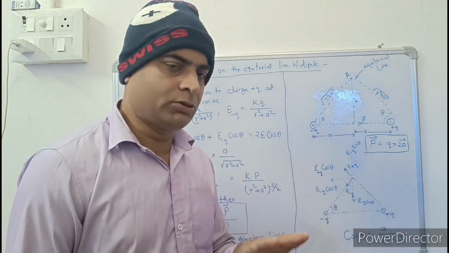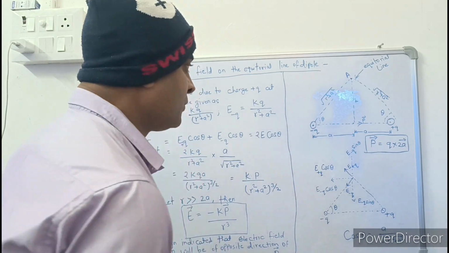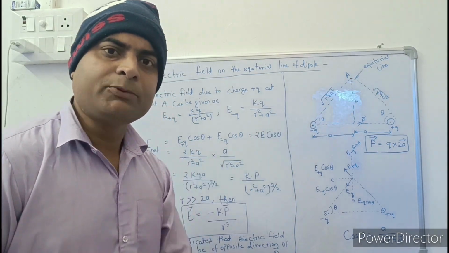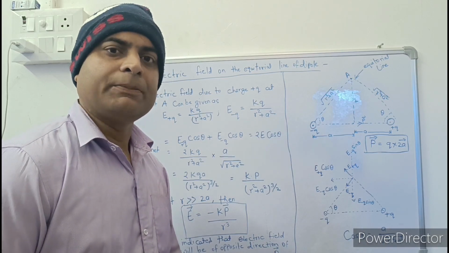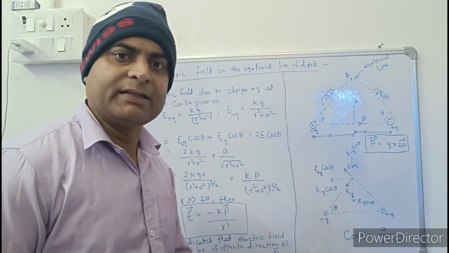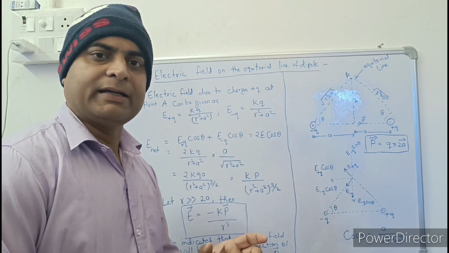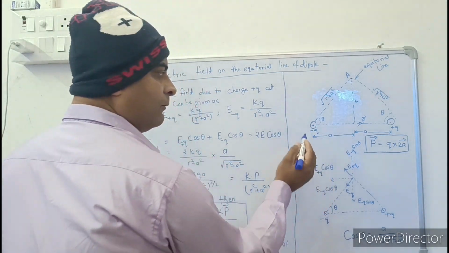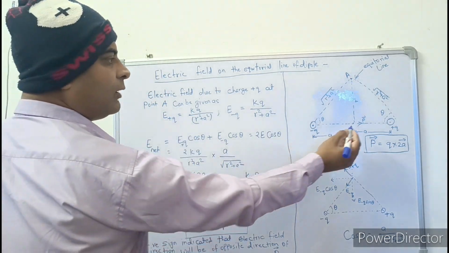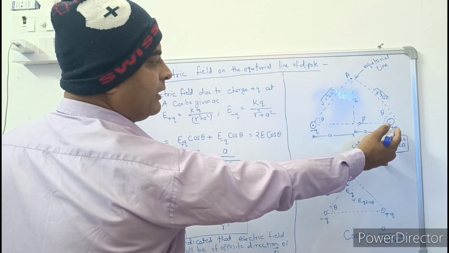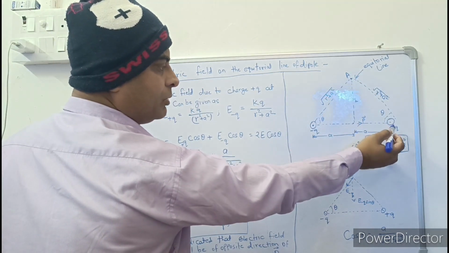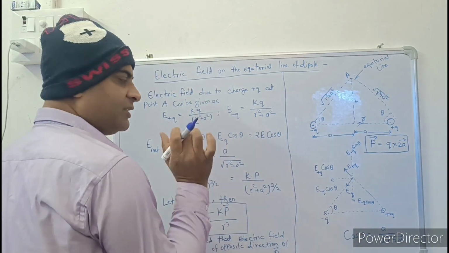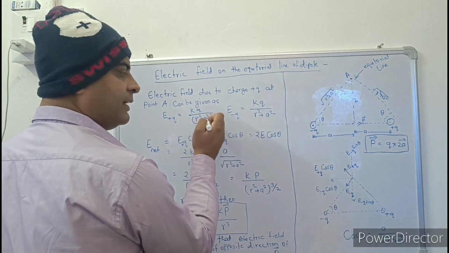Now, what will be the magnitude of the electric field? As you already know, to find the electric field at any point you multiply k and the charge q, divided by the distance between the charge and that point squared. So the magnitude of the electric field at A due to the positive charge, from the electric field definition, is kq upon r square plus a square.